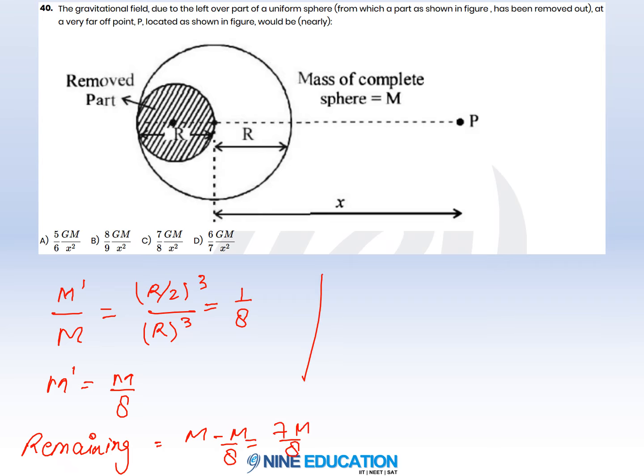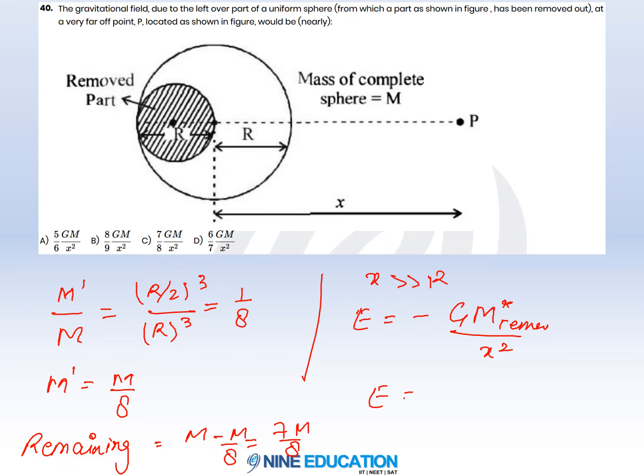Now, since x is very large compared to r, the field due to the remaining portion becomes minus G m remaining upon x square.